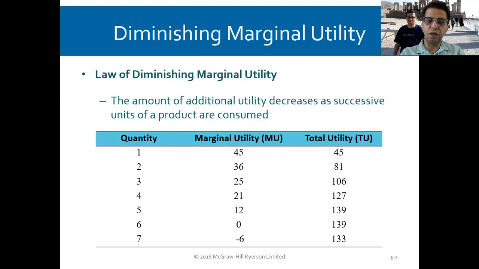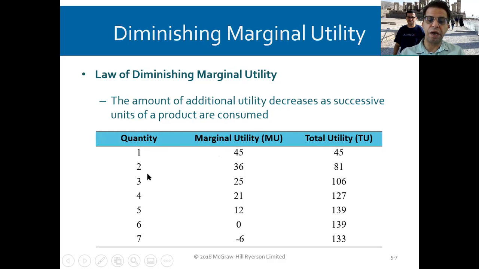Now, if we look at the law of diminishing marginal utility, the first bottle of water gave you 5, the second one gave you 4. Here, the amount of additional utility decreases with each successive unit of the product consumed. If you consume one unit, you get a marginal utility of 45, so the total utility is 45.